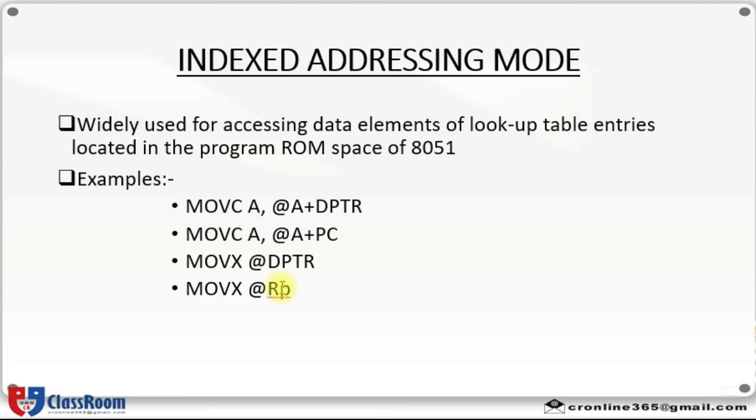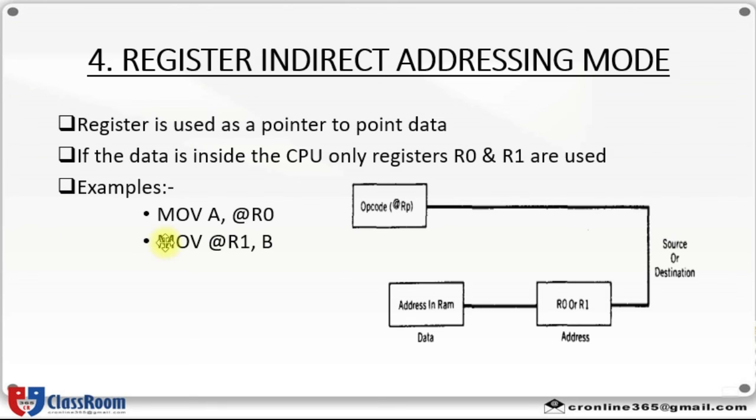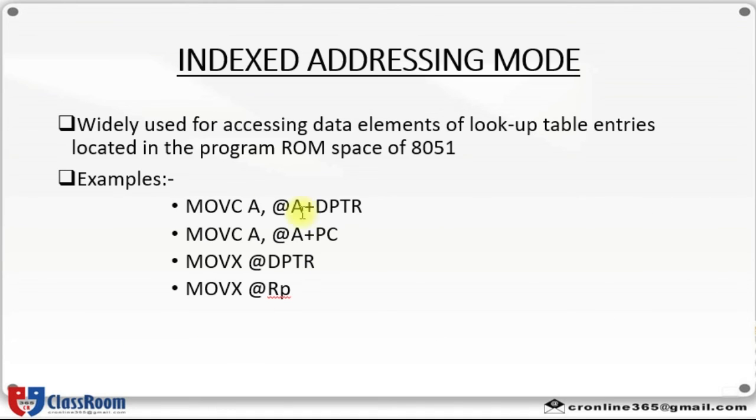But indirect addressing mode only uses two registers, R0 and R1, along with the registers A and B. So indexed addressing mode examples are MOVC A, @A+DPTR, MOVC A, @A+PC, MOVX @DPTR, MOVX @Ri.